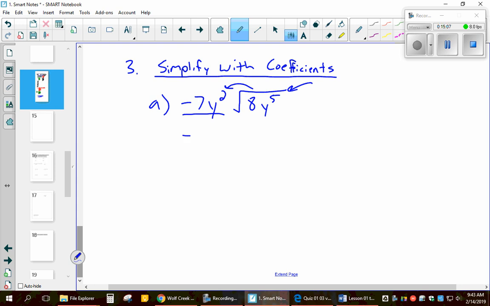So I'll write negative 7y squared, square root. And then I just got to split up this 8, and I got to split up this y to the 5. So this 8, I'm going to split it up as what two numbers? So careful now though, because with coefficients, with actual numbers, I'm multiplying, right?